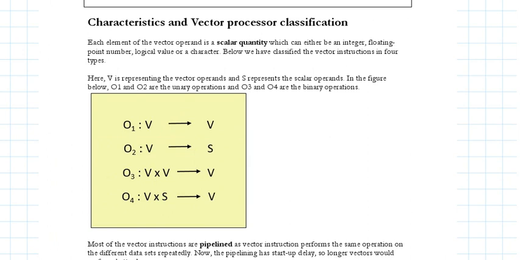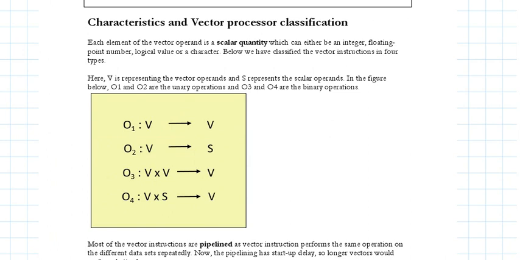If you look into the vector operand, each element in the vector operand is actually a scalar quantity, which can be either an integer or a floating point number. It might be a logical value or a character.